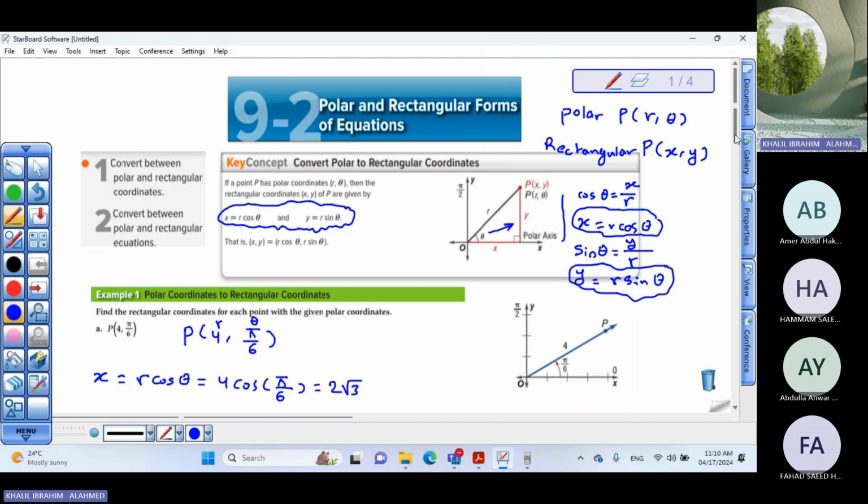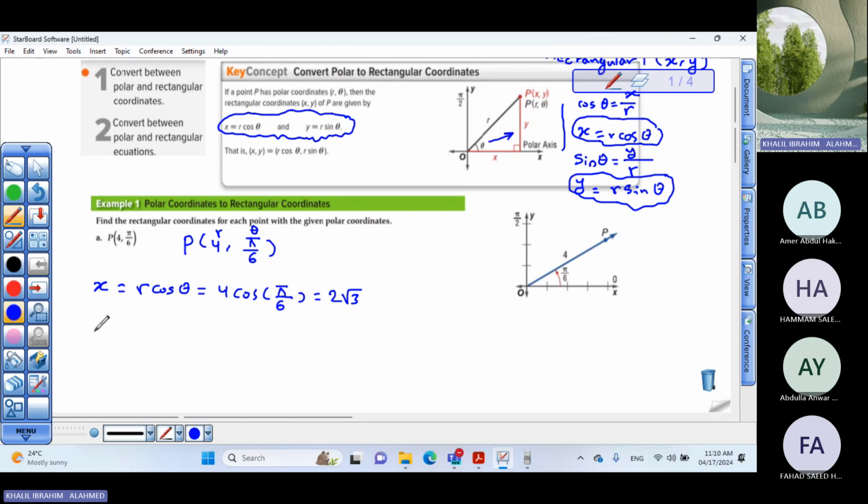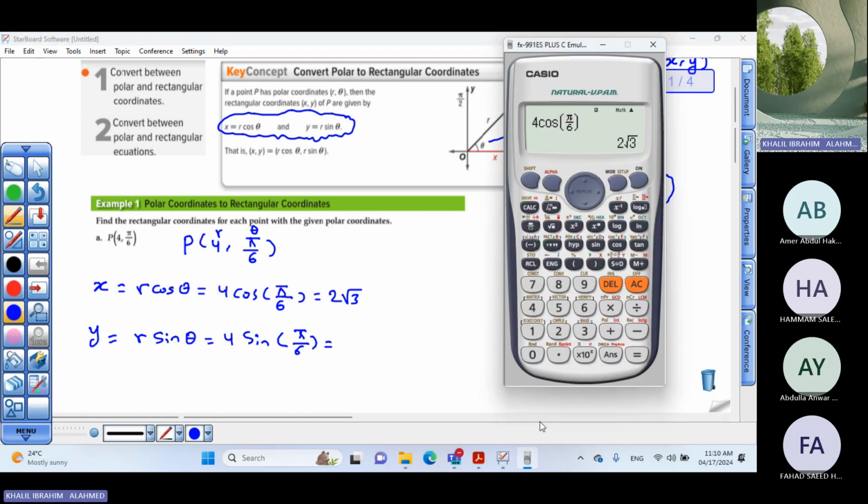In the same way, we can find y. y equals r sine theta. r equals 4, so 4 sine pi over 6.